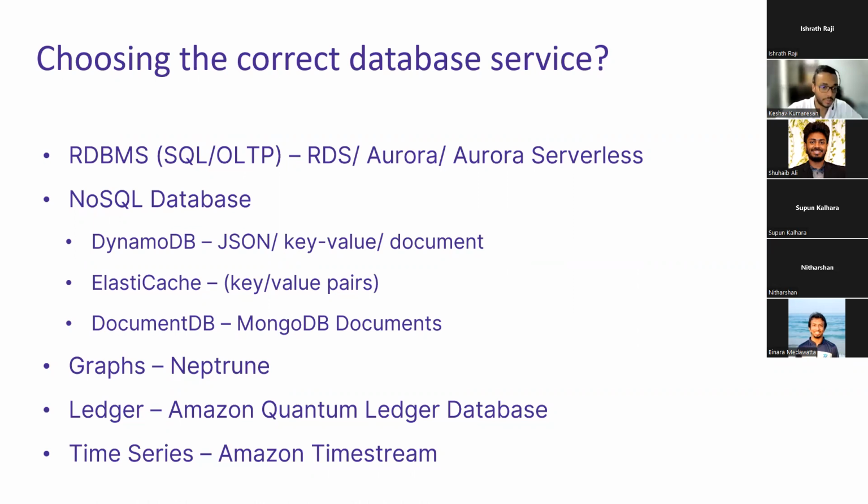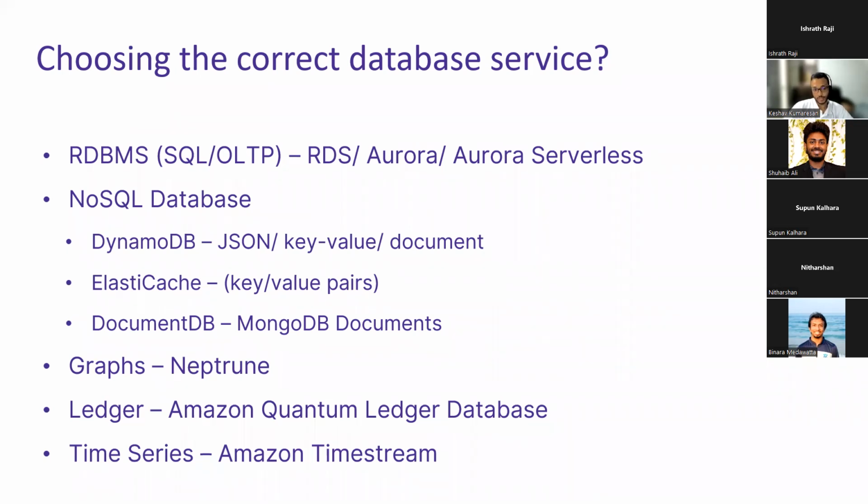The graph one, Neptune. Okay, I think I made a spelling mistake there. It's Neptune, not Neptune. But Neptune, Amazon Quantum Ledger Database, and Timestream. All these three things are serverless. I didn't dive quite deep into them, but I wanted to mention them because they're serverless and they're pretty cool.